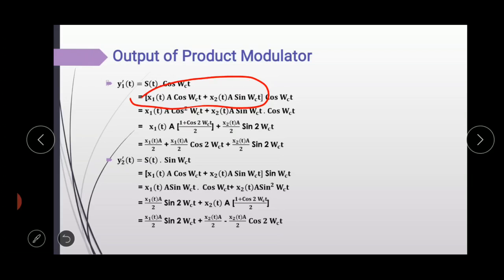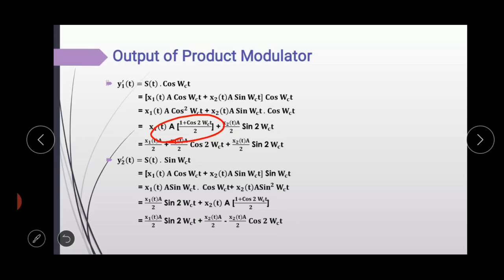After solving this equation, we get x1 of t A cos square omega ct, where cos square theta is 1 plus cos 2 theta by 2, so using that formula we write this, and A sin omega ct into cos omega ct.